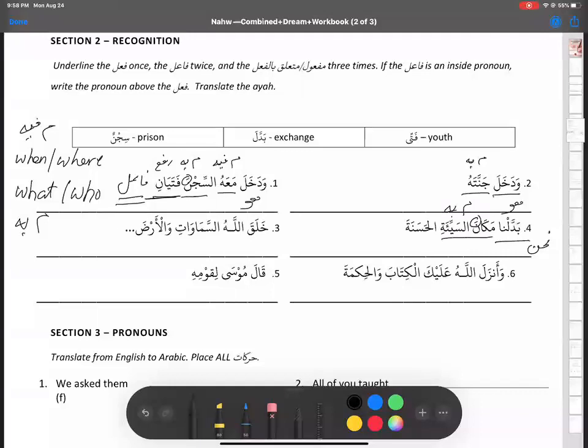So we changed the evil place into hasana. Hasanata also is maf'ul bihi. So makana sayyiati is one mafulun bihi and hasanata another. Because badal, we changed something into something, so we need two maful over here.